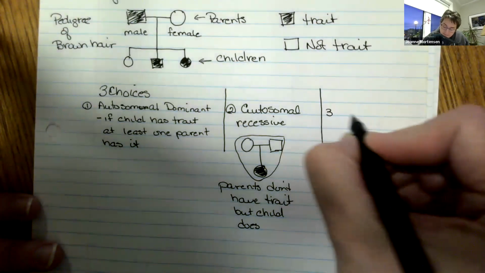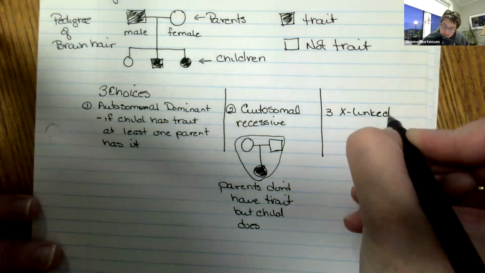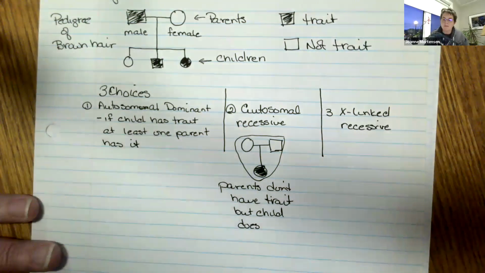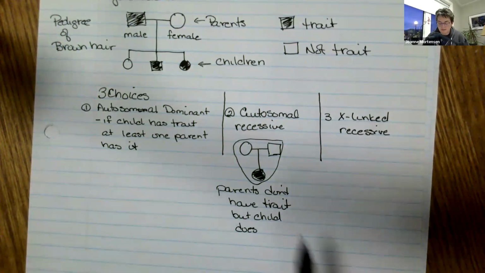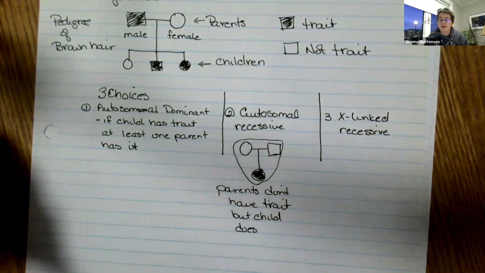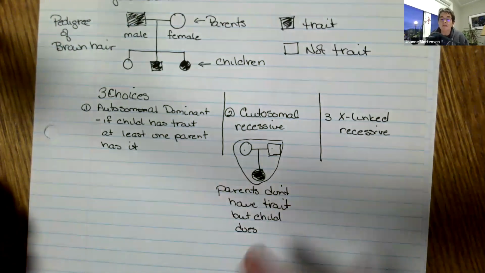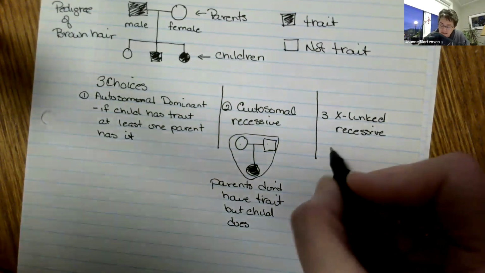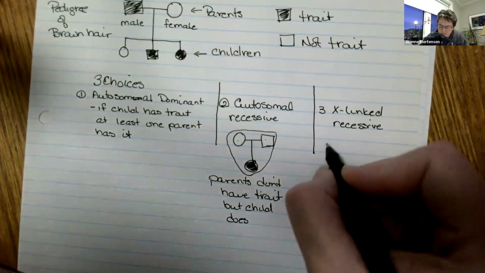And the third one is X-linked recessive. And you're going to start out by looking for this part. But once you have determined that it's recessive, because really this mom and dad don't and baby does, that is just recessive. With an X-linked, I'll have to show you some examples because I don't want to draw a great big one.